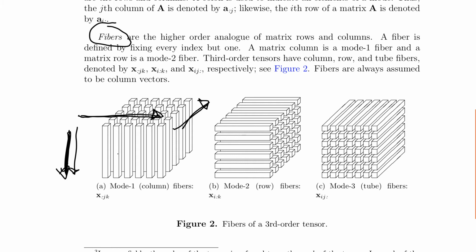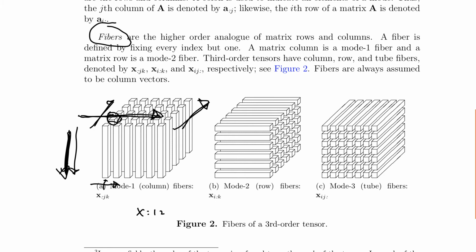Maybe I write x12, which will be this fiber here: the first index is this guy here, and then the second index goes along this way, so it will be this fiber here.